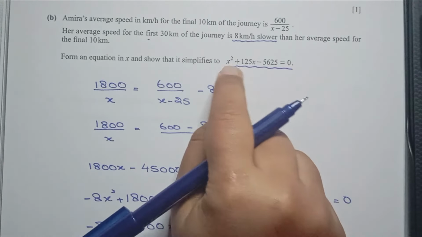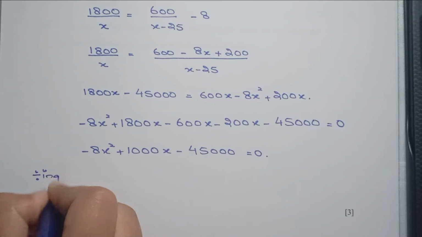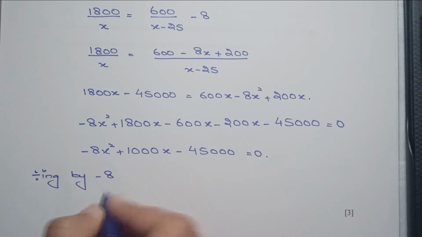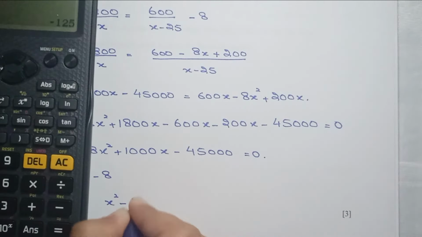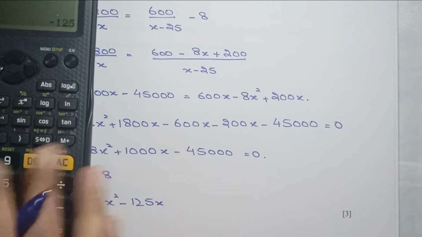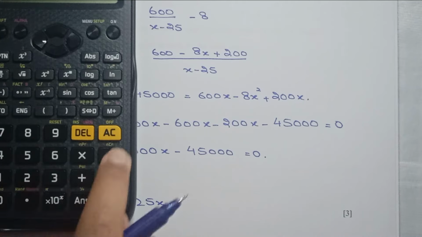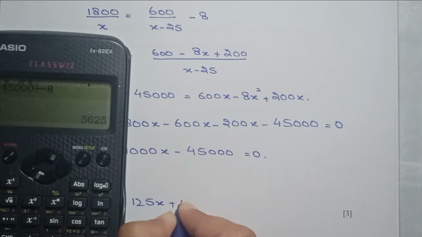As we can see, the x square coefficient is 1. So let me make it 1 by dividing by negative 8. All of the terms are going to be divided by negative 8. It would be x square. 1000 divided by negative 8 would be negative 125x, and negative 45,000 divided by negative 8.